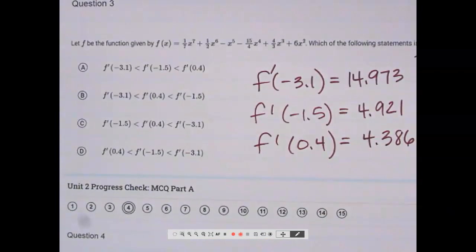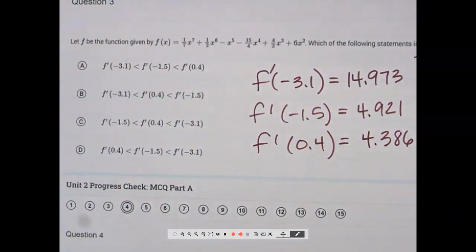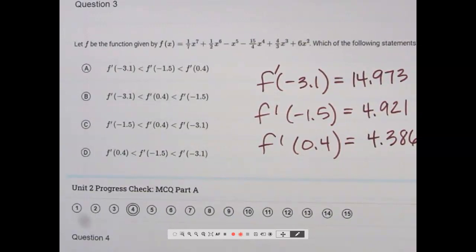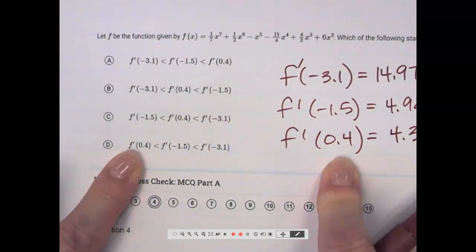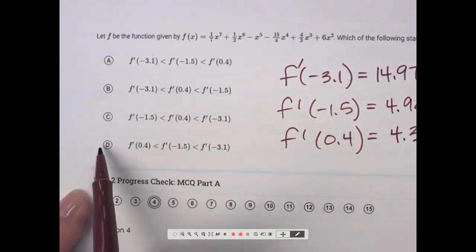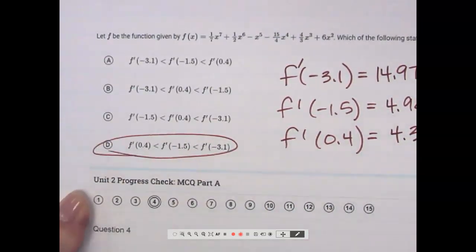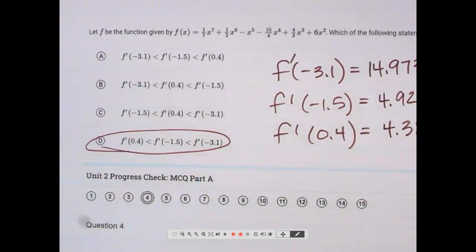Okay, so which one will be my answer? D. Okay, so this one, the derivative at 0.4 is the smallest, so that would have to match up with D. I chose the A before because I was looking at the graph and was plugging in the derivative. I didn't take the derivative of the functions. Gotcha.